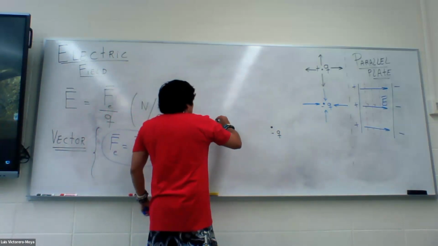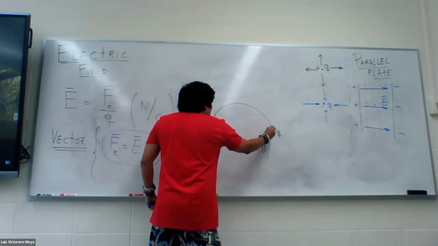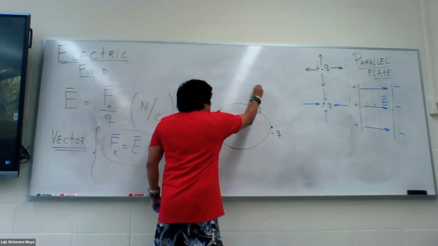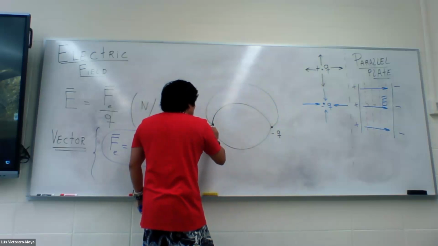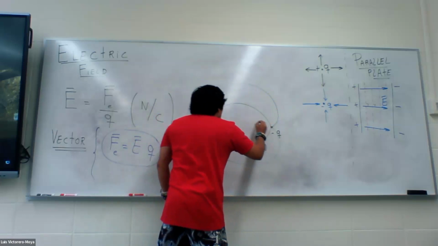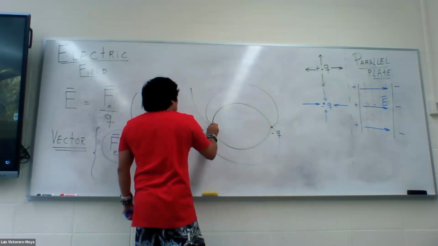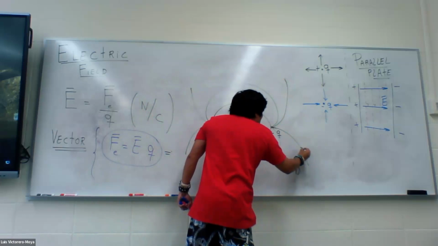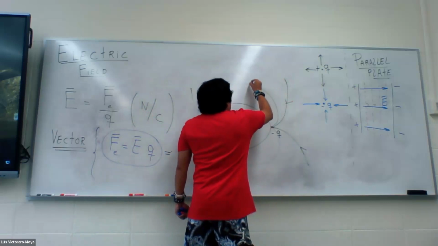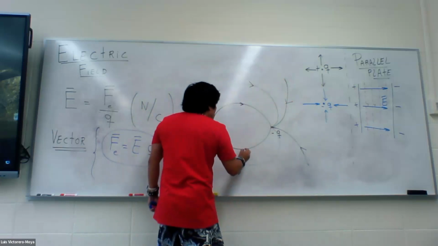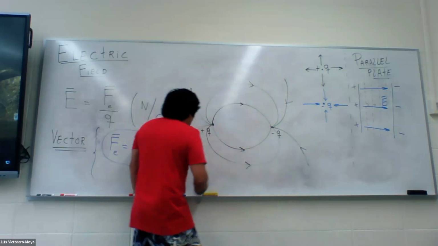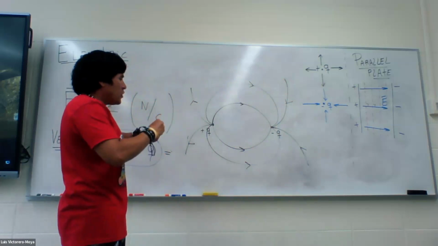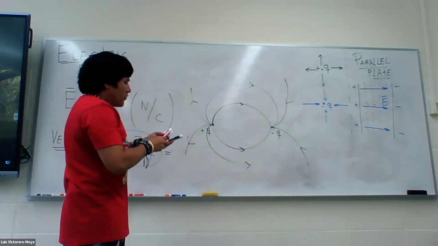So look at this. There you are. These arrows are important because they're telling you that the electric field is leaving positive Q and entering negative Q.